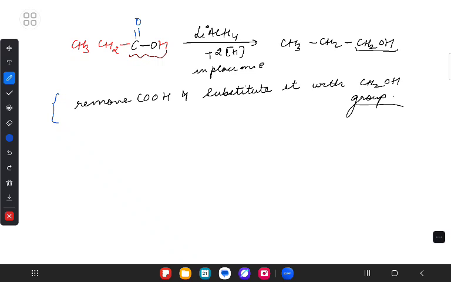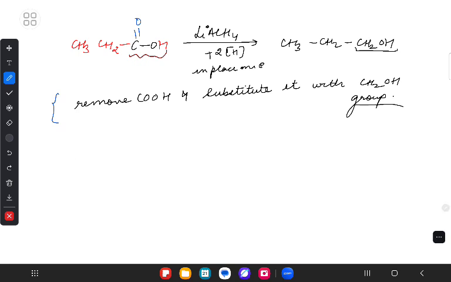You understand the point? So that's the idea that we have with us. Got it? So that's the part. So remove COOH and substitute it with the CH2OH group.